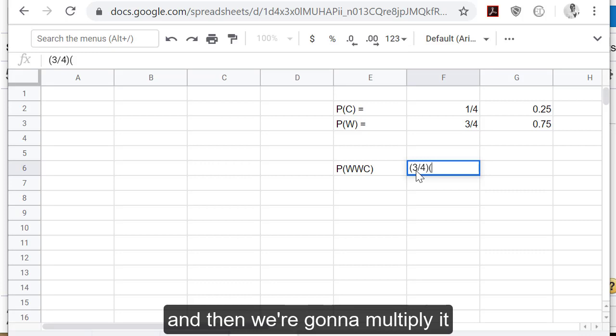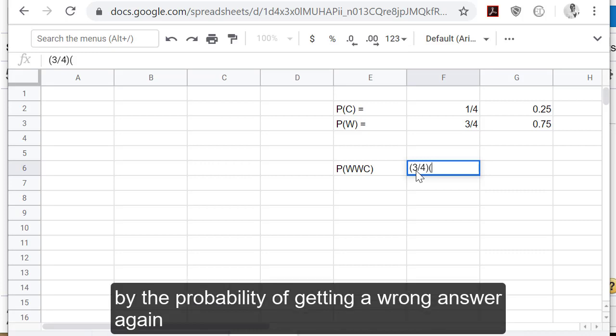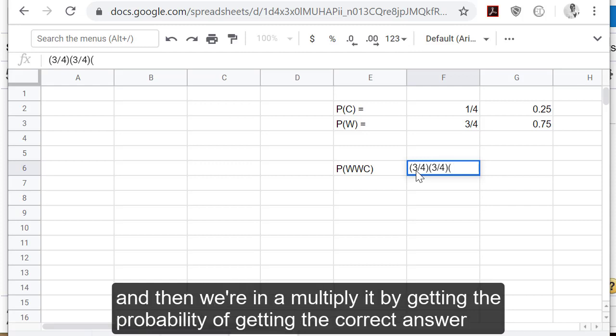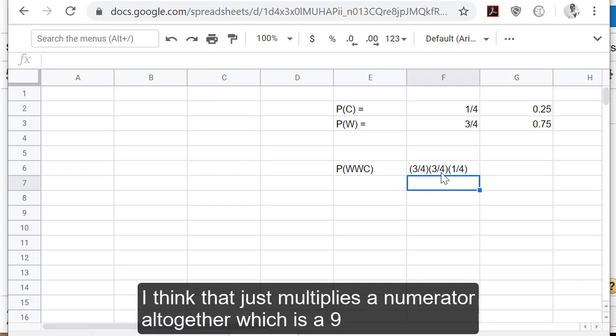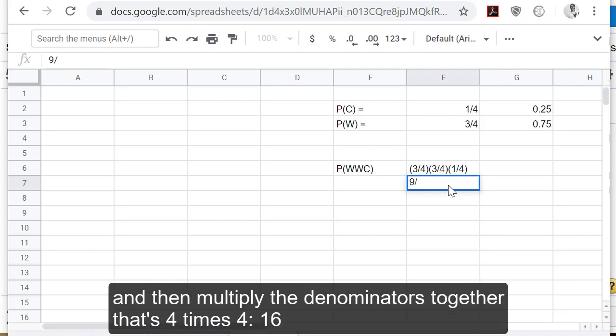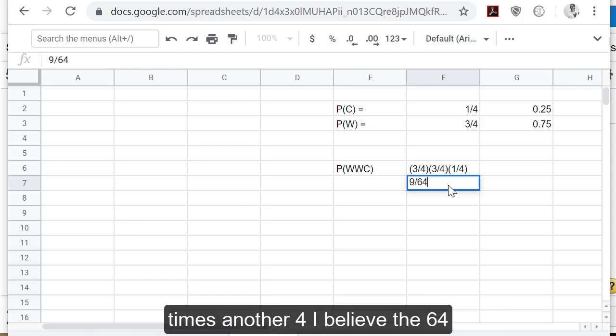Then we multiply it by the probability of getting a wrong answer again, and then by the probability of getting the correct answer. So this is 3/4 times 3/4 times 1/4. That just multiplies the numerators together, which is 9, and then the denominators together. 4 times 4 is 16, times another 4 is 64.